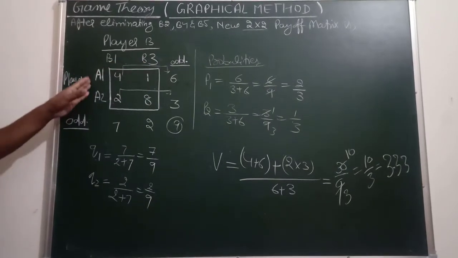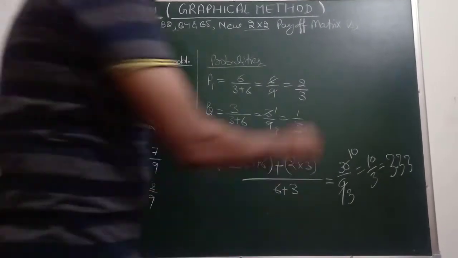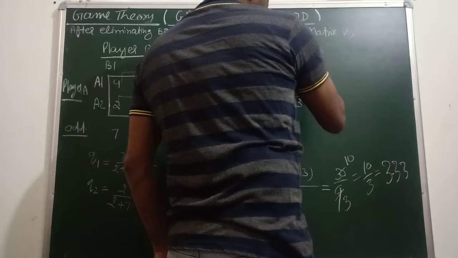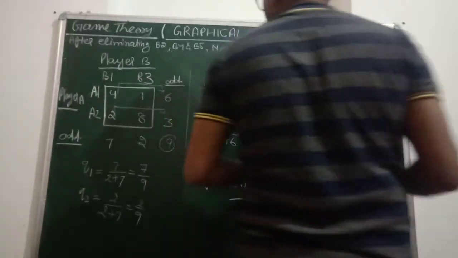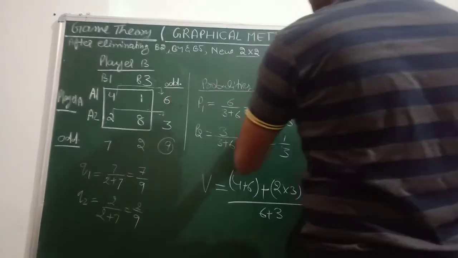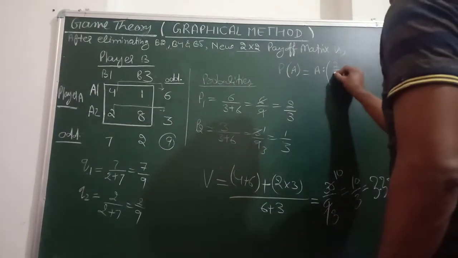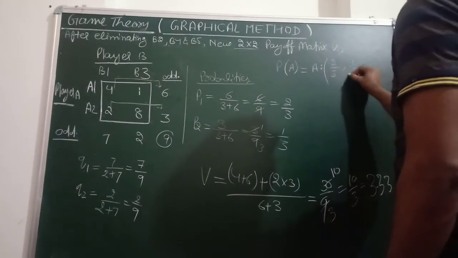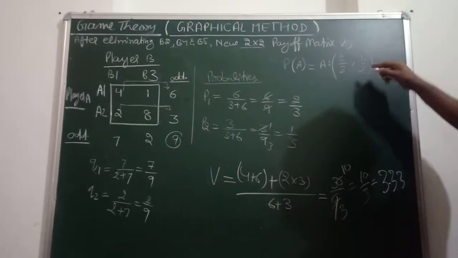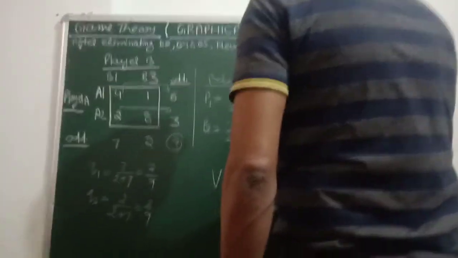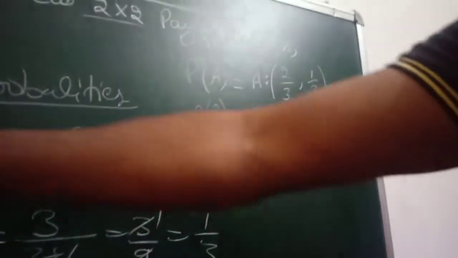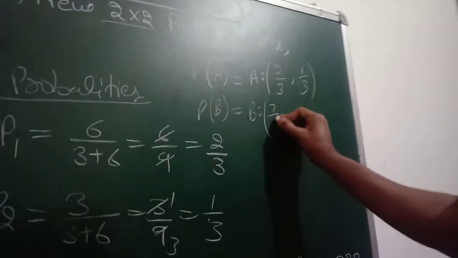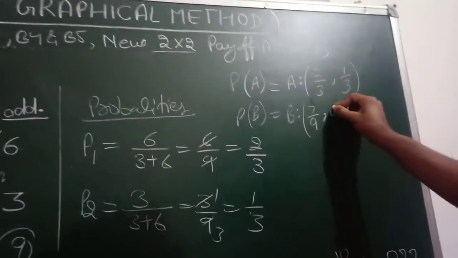The optimal strategies which will be used by players A and B, and the probabilities of utilization of the different strategies, are as follows. Player A will use the first strategy with probability 2 by 3, and for the second, as A has only two strategies, the probability is 1 by 3. Similarly, the probabilities of utilization of different strategies by B: he will use the first strategy with probability 7 by 9.